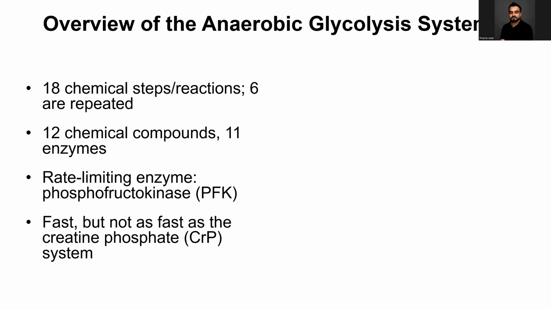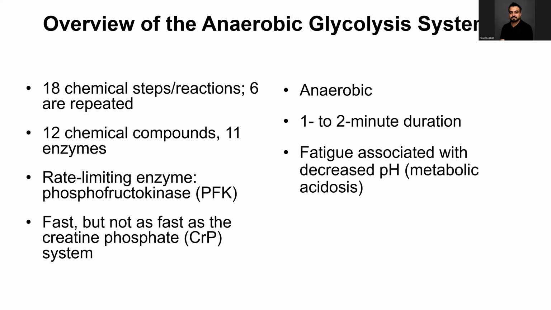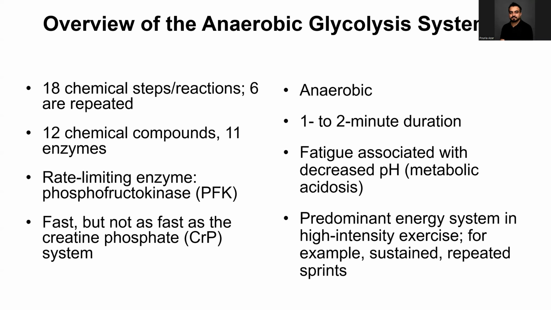It's fast, but not as fast as the creatine phosphate system. It's again anaerobic, just like creatine phosphate. Duration is 1 to 2 minutes, and the fatigue is associated with decreased pH. And it's a predominant energy system in high intensity exercise, for example, sustained repeated sprints.